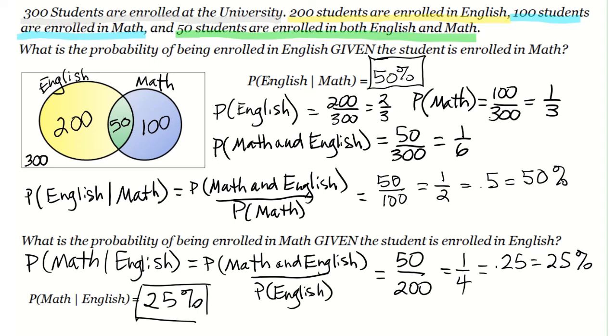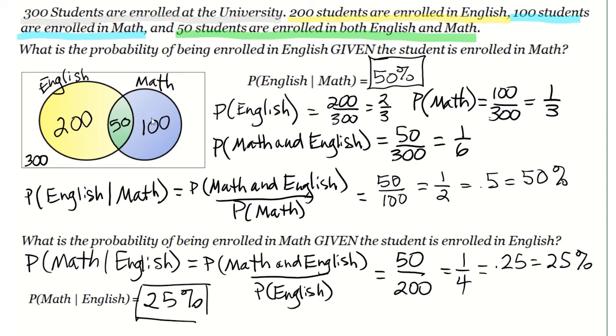We took the probability of the intersection where we have both math and English, which was the 50, that's in my green intersection, and divided it by the probability of being enrolled in math, which was 100, which is in my blue circle. And that gave me a 50% probability that if a student is enrolled in math, they will also be enrolled in English.